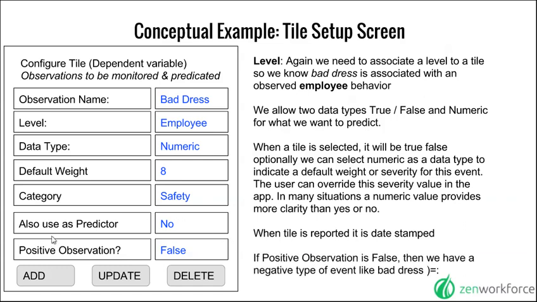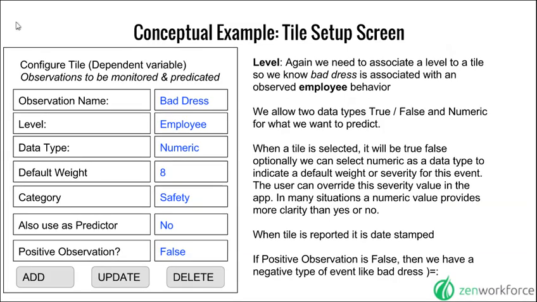And as you notice, again, here we have this option to also use this observation or tile, this thing that we're predicting, as a predictor. Similar to what you saw in the last example we did with predictors wanting to be tiles. How do we get something to the other side of the fence? So let's dig into that next.